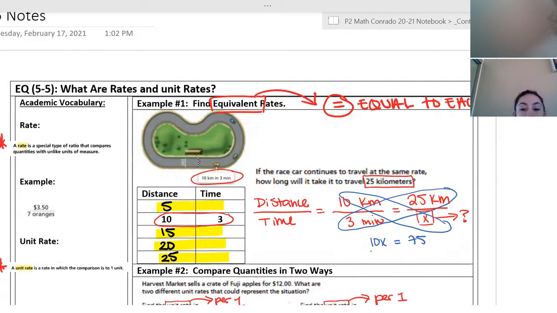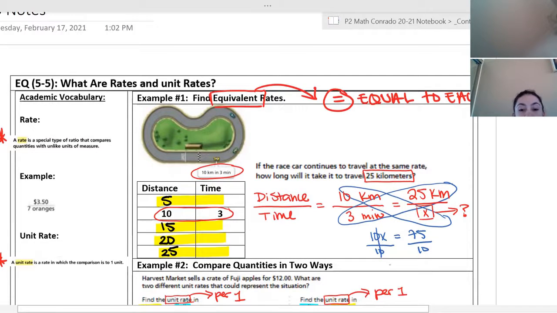Because we're trying to isolate our variable, we're going to divide 10 on both sides. Our 10s on the left side cancel out, and we get x is equal to 7.5 when we divide 75 by 10. So let's go over to our table and fill in that value. At 25 kilometers, it takes 7.5 minutes.